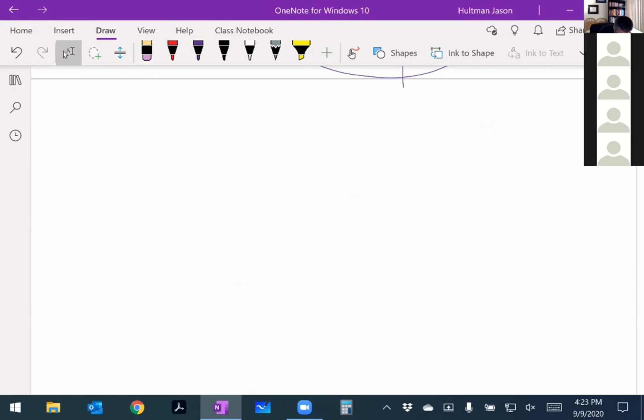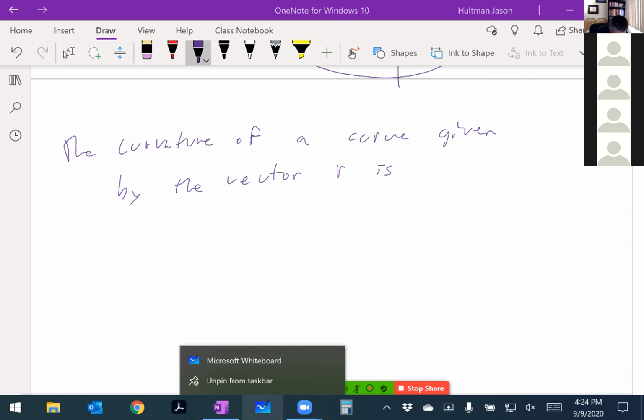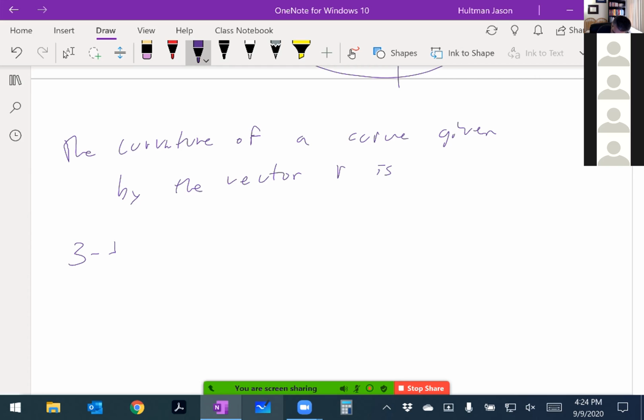Okay, the curvature of a curve given by the vector r is also represented in 3 dimensions.